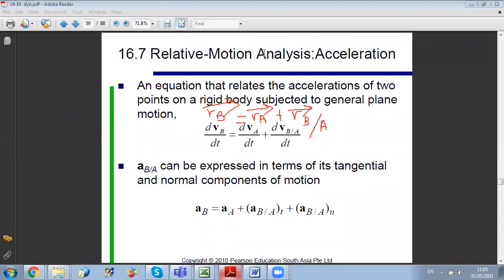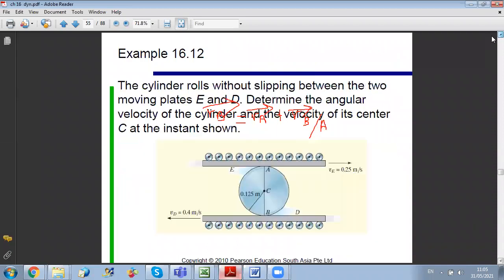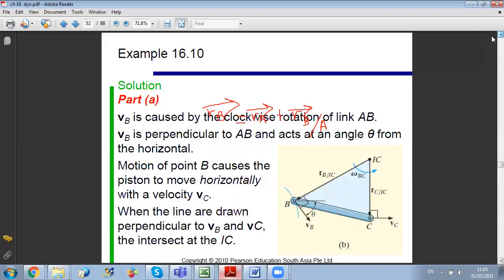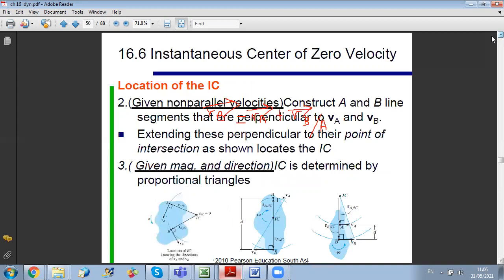So if you remember, last time when we introduced the relative velocity concept, let us go back to the figure.